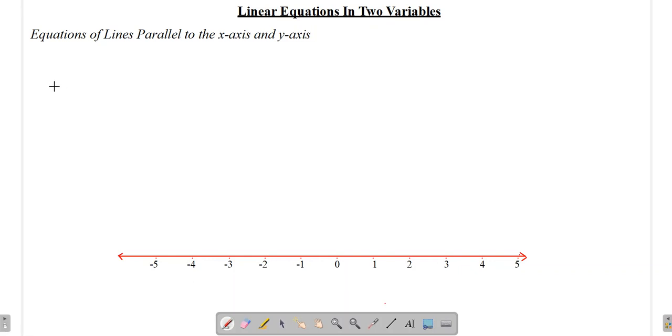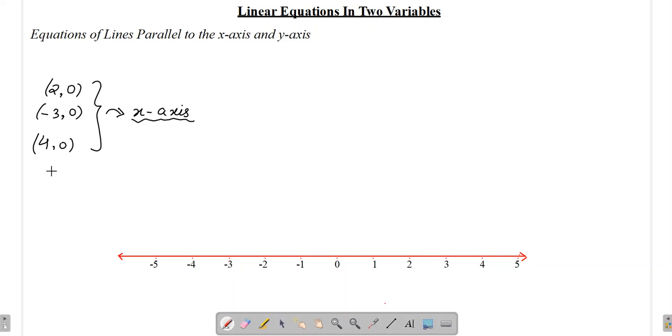Say the point is (2, 0), another one is say (-3, 0). Let's take one more point as (4, 0). Now can you all guess where all these points lie? Yes, all these points lie on the x-axis.